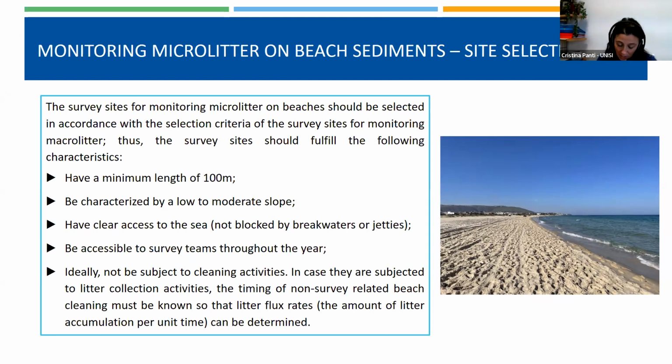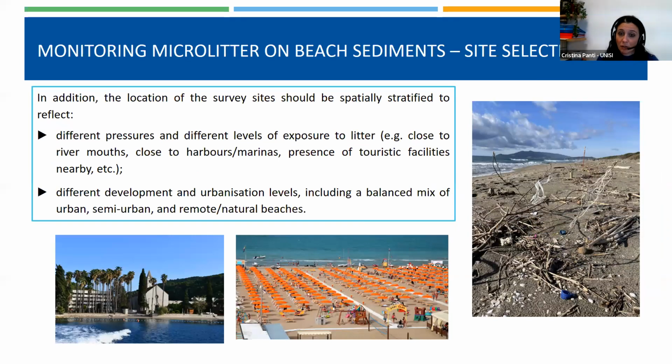And one of the most important things is that we should select sandy beaches or beaches with very small pebbles. Then, in addition, the location of the survey should be partially stratified, and again, the site selection should be related according to the different anthropogenic pressure and the different exposure to litter.